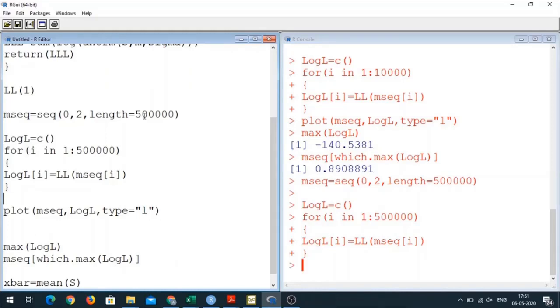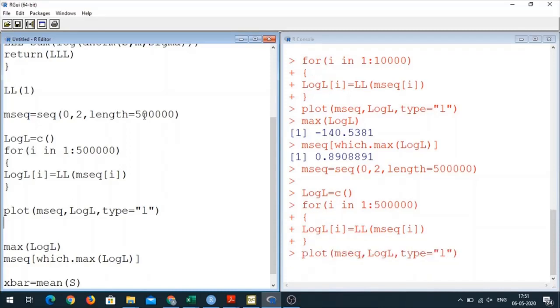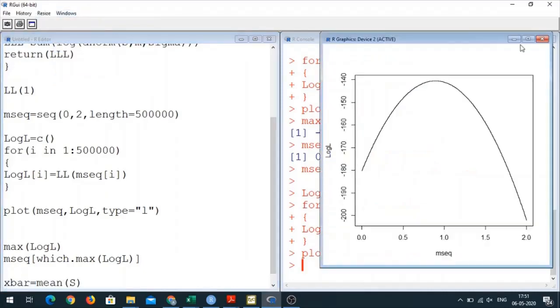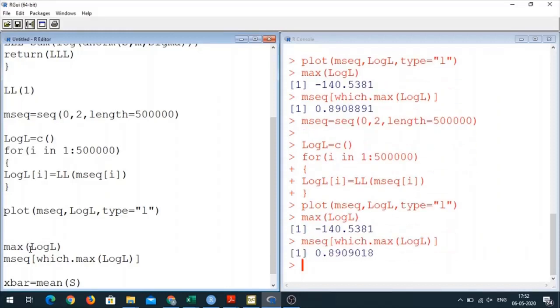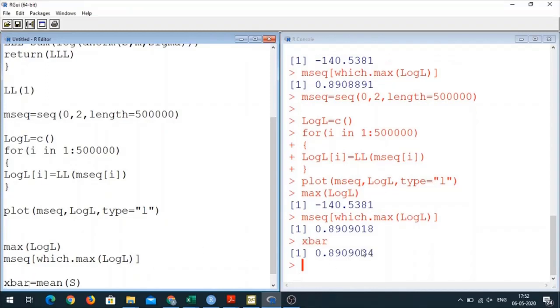I shouldn't have drawn the graph, because anyway the graph is not going to change. See, now 890918 and my x bar is 89090, so up to 5 decimals they are matching. Is it okay?